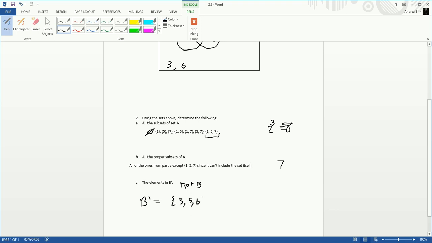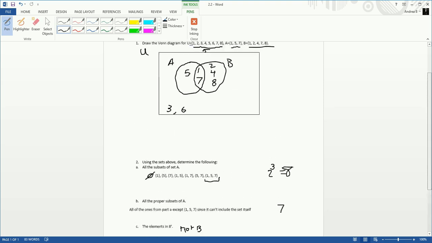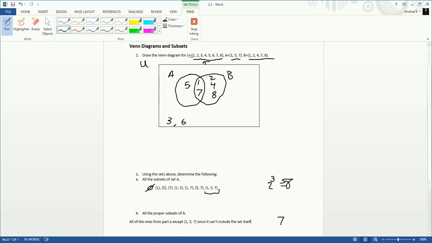And I'll scroll back up so that you can see that a little bit better here. Because if you look at your set B, it doesn't have a 3. There's no 3 in here. There's no 6. And there's also no 5. So there's no 3, there's no 5, and there is no 6 in there.